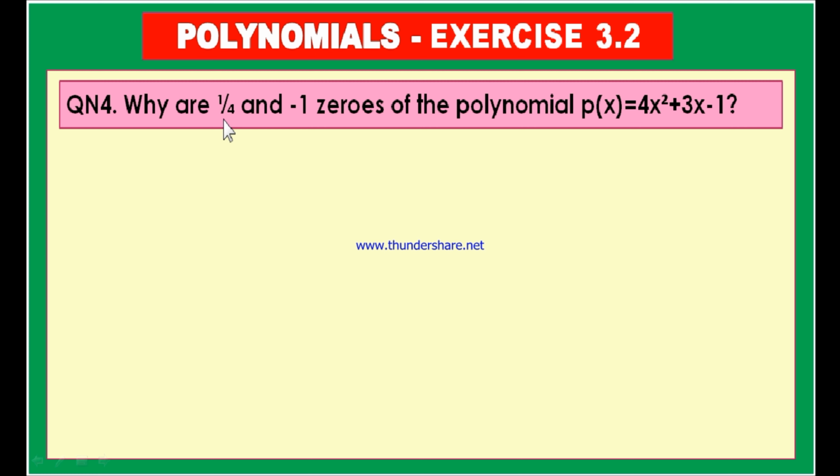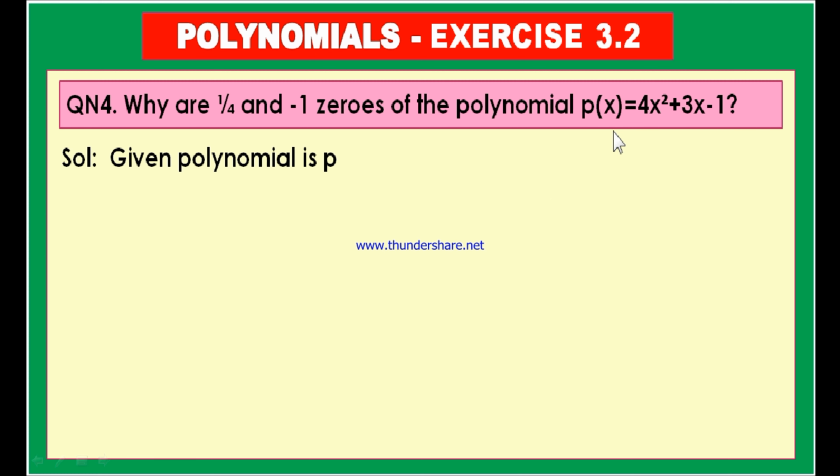Therefore, in order to check whether 1 by 4 and minus 1 are zeros of the polynomial, let us substitute x is equal to 1 by 4 first of all. In this polynomial, substitute x is equal to 1 by 4 and calculate its value. If we get 0 finally, then 1 by 4 will be 0 of this. You see, here is the solution.